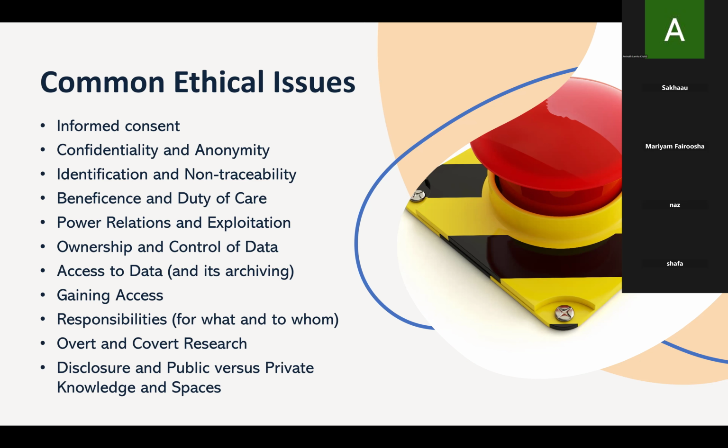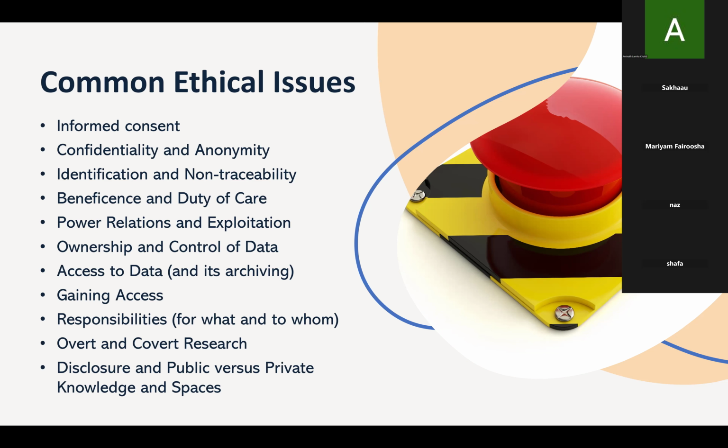And then the third is beneficence and duty of care. I think we have talked about this. So do good should be your motto always when it comes to research. Power relations and exploitation, we've talked about you being in a position of power. You shouldn't exploit the subordinates in data. And then ownership and control of data. So who owns the data? Who controls the data?